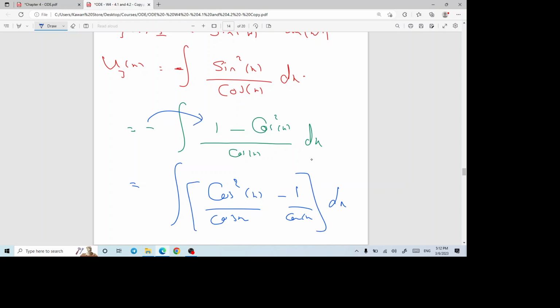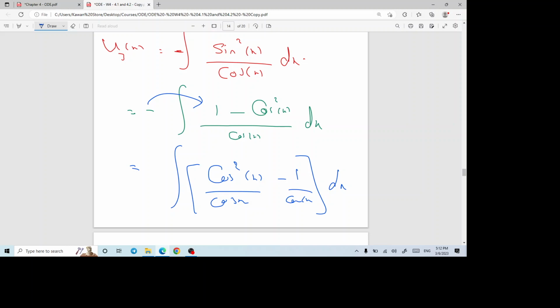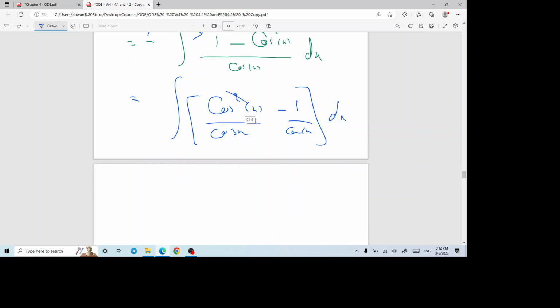Am I right? Everything is clear, dears? We multiply by minus. Then I distribute the common denominator to both of them. Why? Because that one will be cosine of x, and that one will be secant of x dx. Clear?